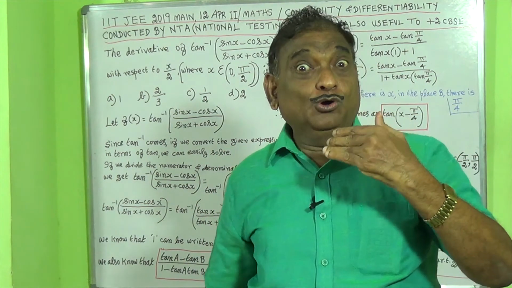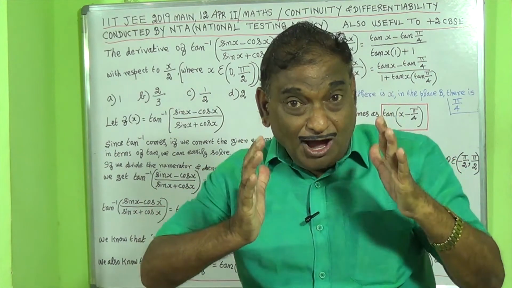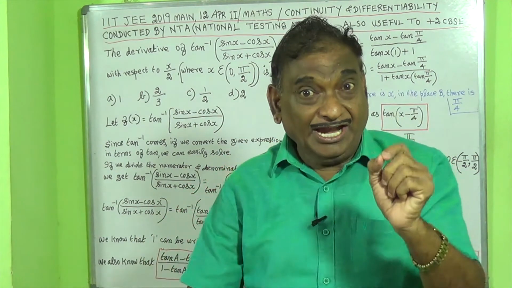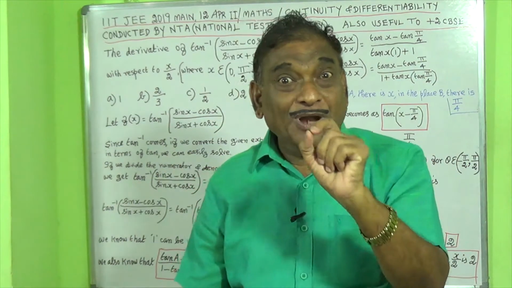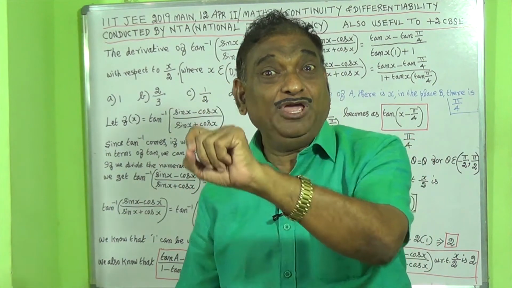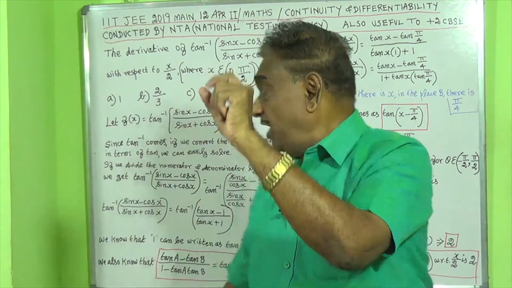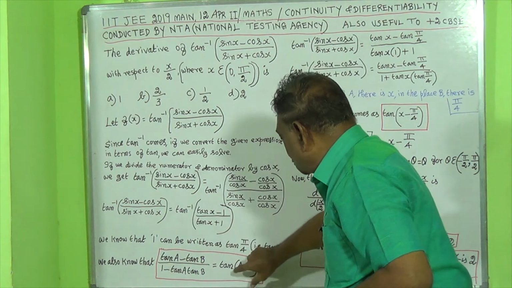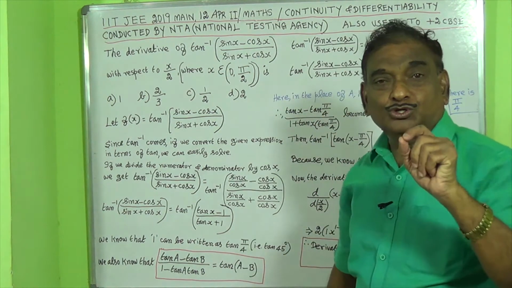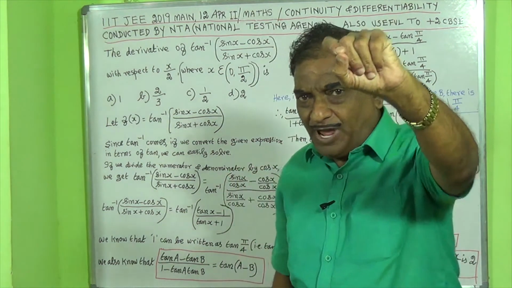Because we know the standard formula: (tan A minus tan B) by (1 plus tan A into tan B) equals tan (A minus B). In order to change into this format, we are going to substitute 1 as tan pi by 4.